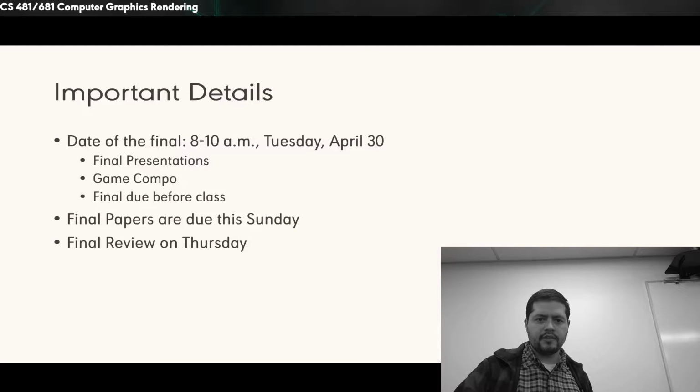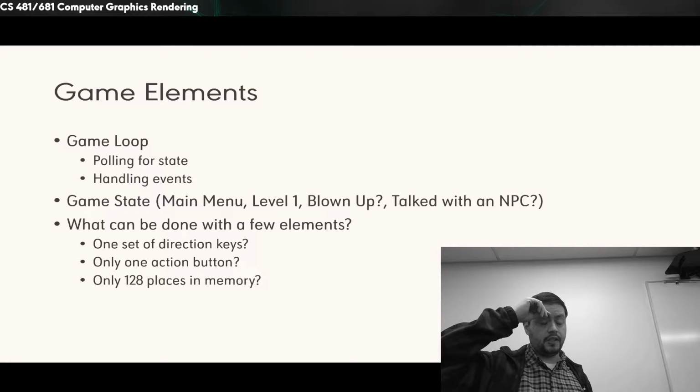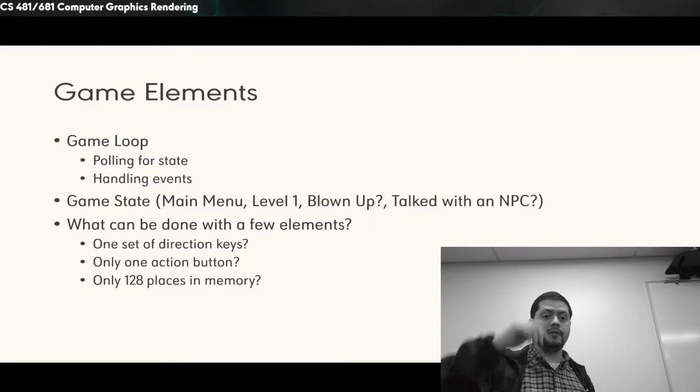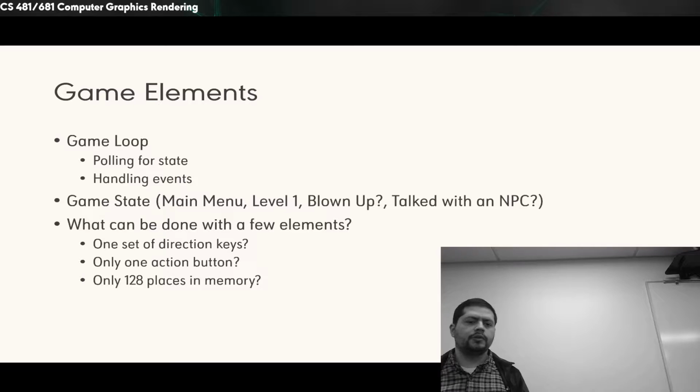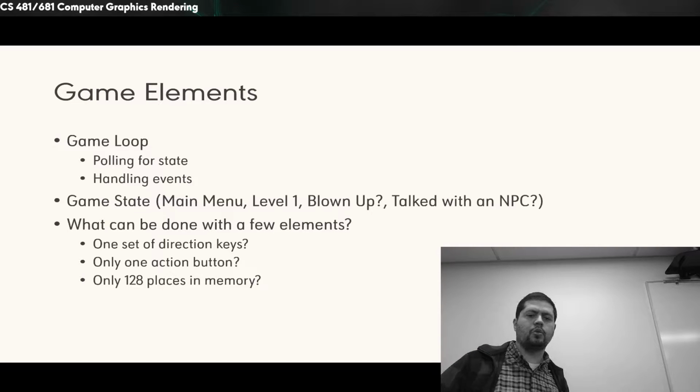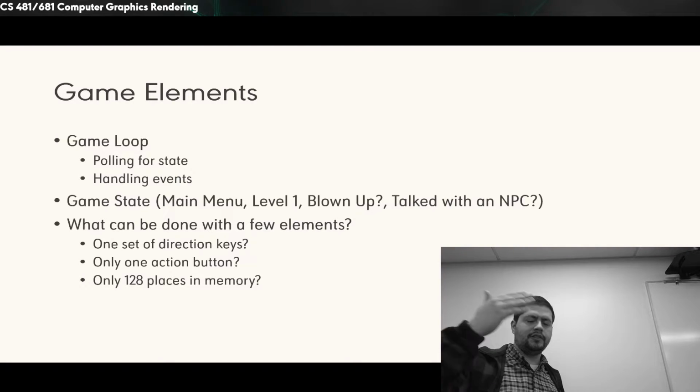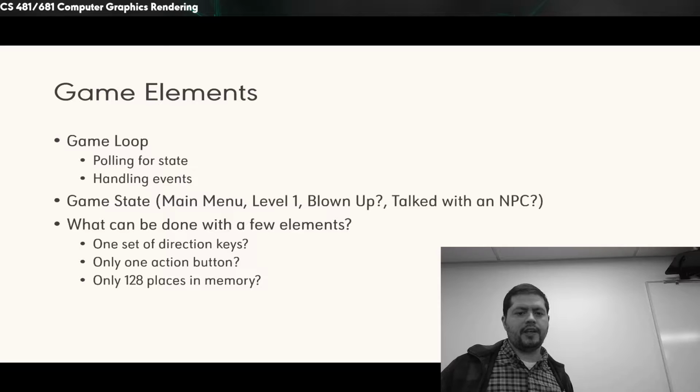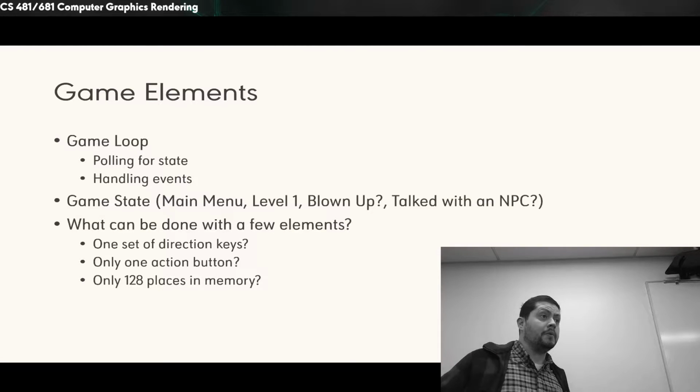Okay, let's go ahead and start with the first thing, game elements. We talked a few weeks ago about state machines and how you can use those to coordinate what happens inside the game. You already know this, but the game loop is kind of an interesting animal.